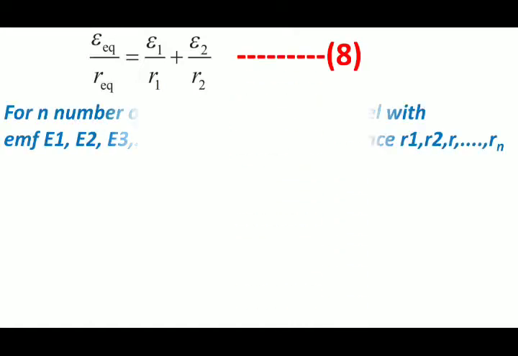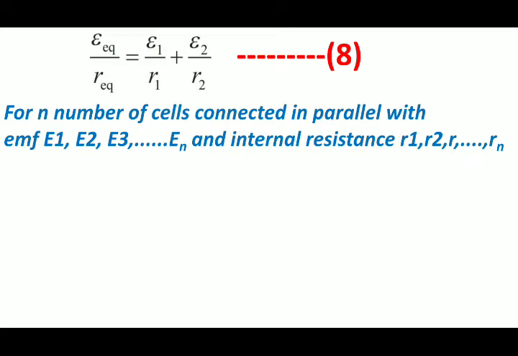If we have connected n number of cells in parallel combination, E1 will be the EMF across cell number 1, E2 across cell number 2, E3 across cell number 3, and En across the nth cell.